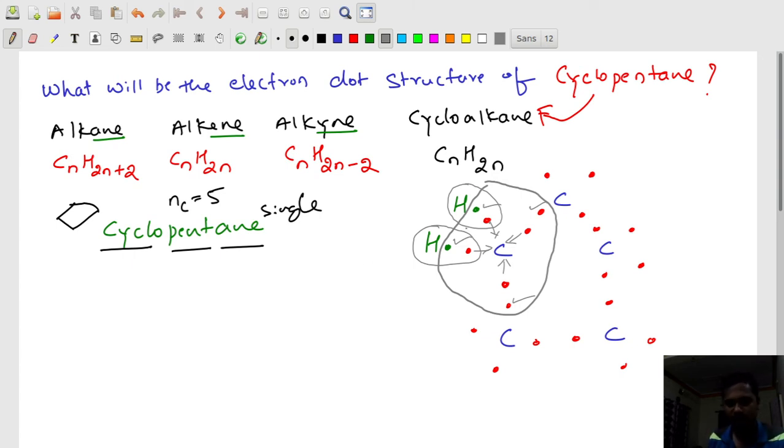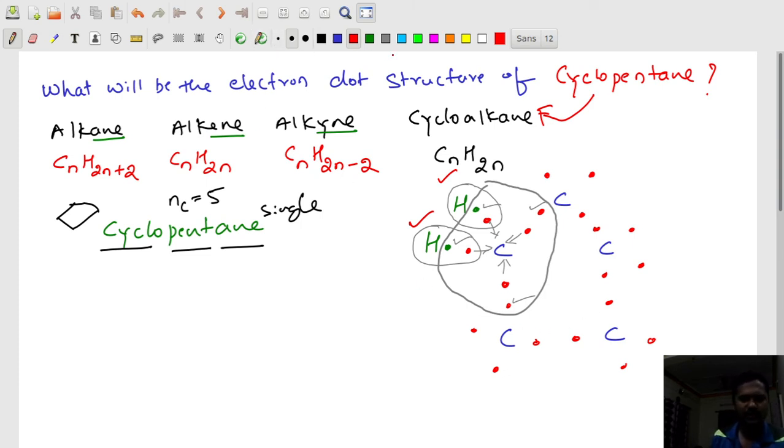Just concentrate on these 3 circles. The first circle is the orbit of hydrogen, the second circle is the orbit of hydrogen, and the third circle is the orbit of carbon. Hydrogen has 2 electrons, and carbon has 8 electrons in its orbit. The same will follow for the other 4 carbon atoms.